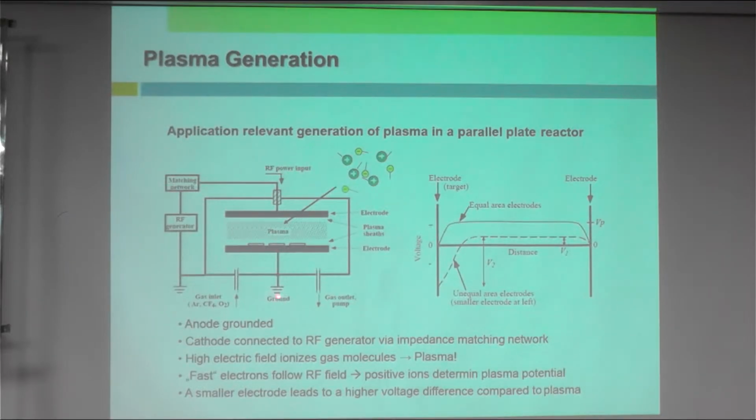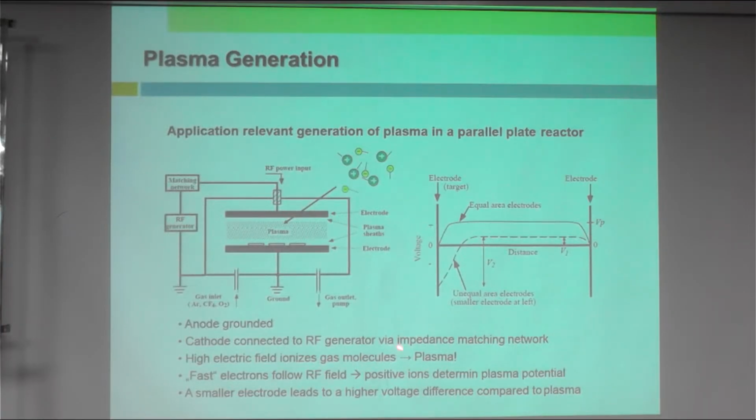You have a ground here, and a gas inlet such as argon, CF4, or O2, oxygen. Then you get a gas outlet. What happens is the anode is grounded, and the cathode is connected to the RF generator via an impedance matching network. Then the high electric field ionizes the gas molecules, and you form plasma.